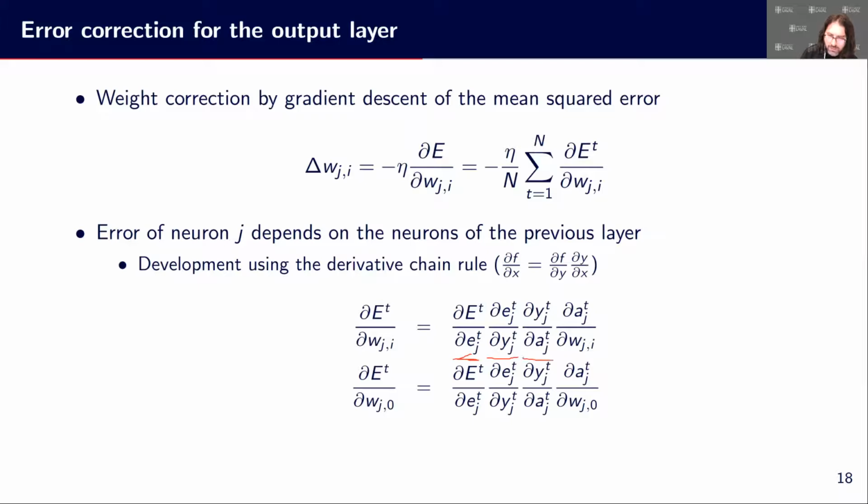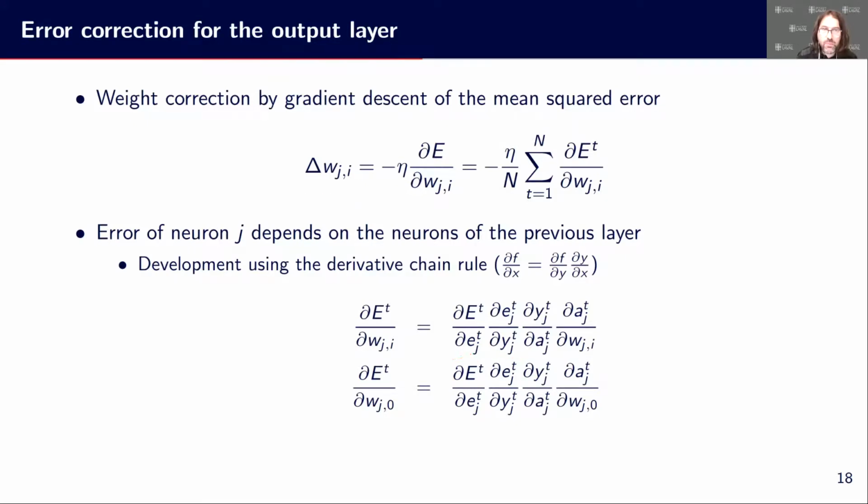Then we look at the link between the output of neuron j versus the value before the activation, which is called a_j^t, the output of the linear model inside it. And then we link the linear model with the weight w_ji, which is the one that we really want to look at to get the partial derivative, because we want to adjust, in fact, the weight w_ji.